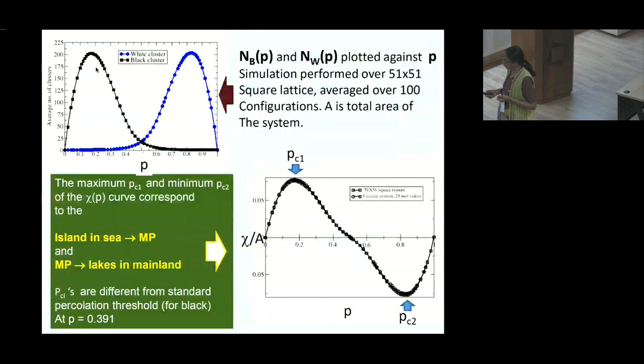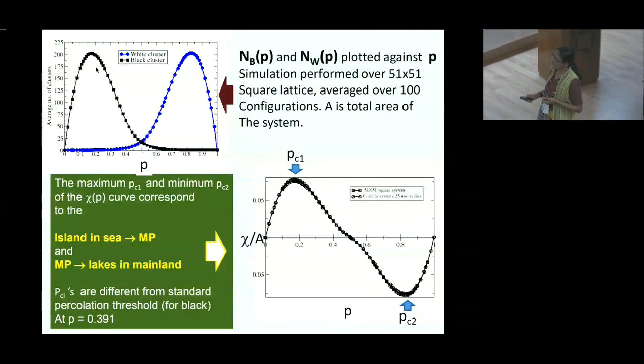Now, if we plot the number of black clusters and white clusters against P, the fraction of black sites, this is what we get. This is a configuration average over several configurations, 100 are taken here.